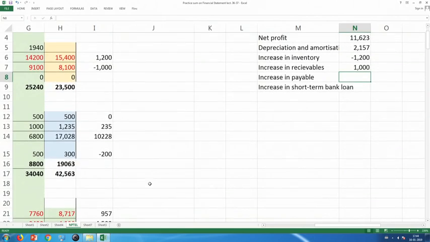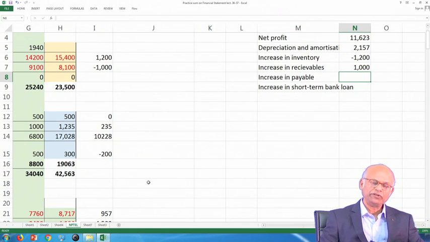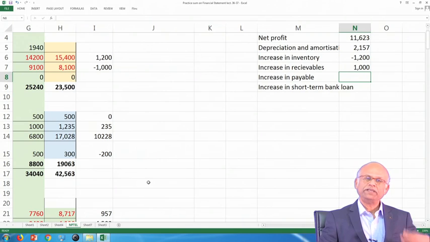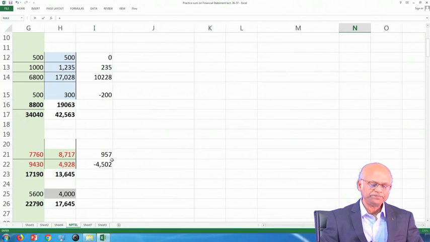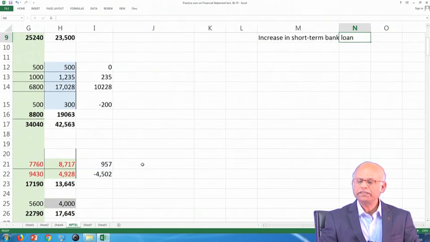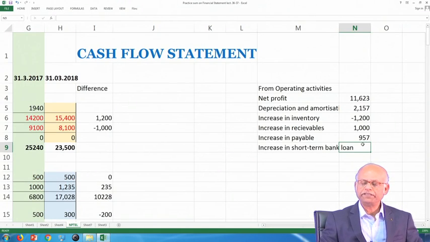If there is an increase in payable, it is actually a cash inflow, because you are getting some goods without making payment. It is money equivalent. You have received goods without making payment, so it is almost like money has come in. That is why this is just straight equal to; we do not have to put a sign there. Pick up the data. So, we got 957.